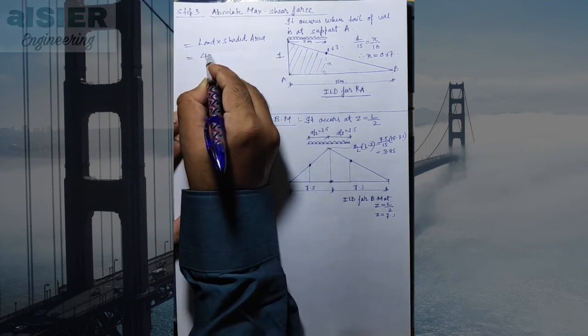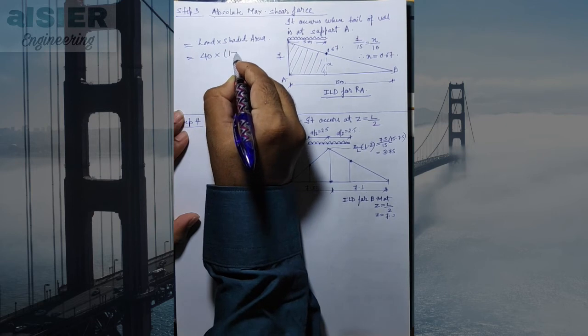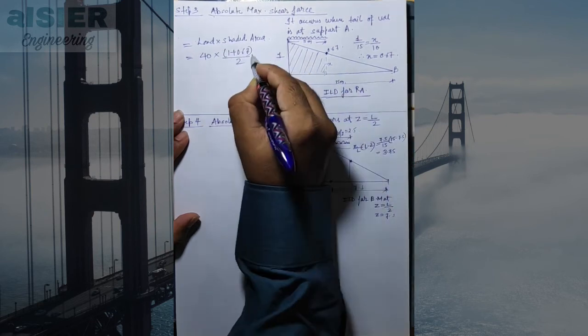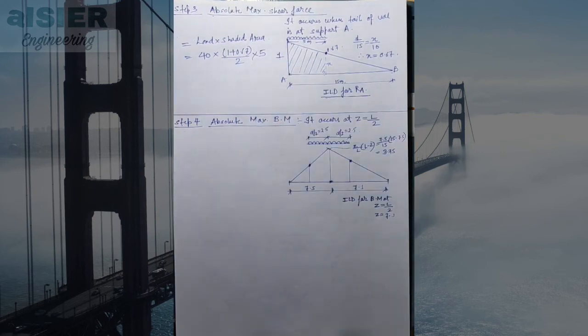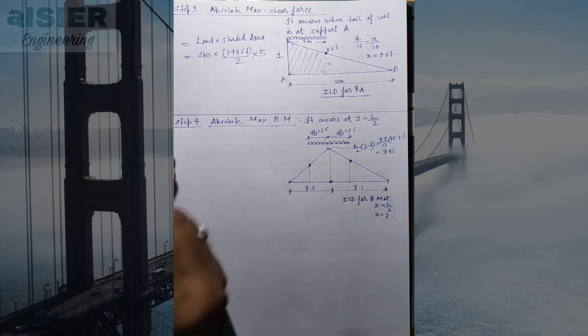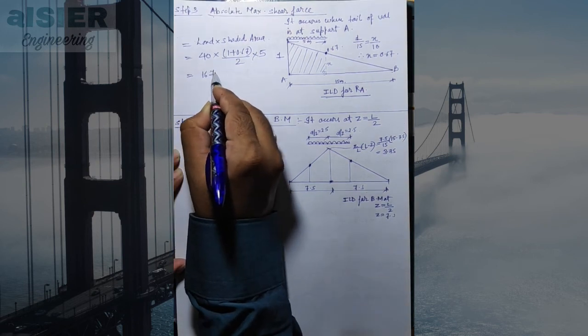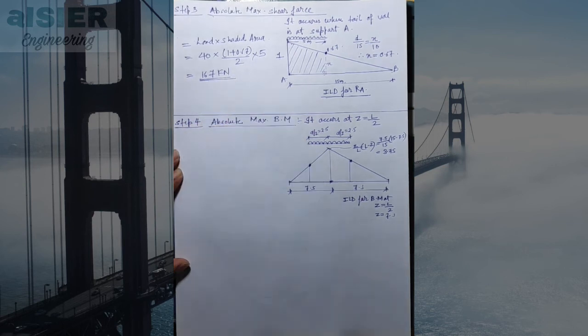Load we know, that is 40. What about shaded area? Sum of two parallel sides. So 1 plus 0.67 divided by 2 into height is 5. And therefore we will get 167 kilonewton.